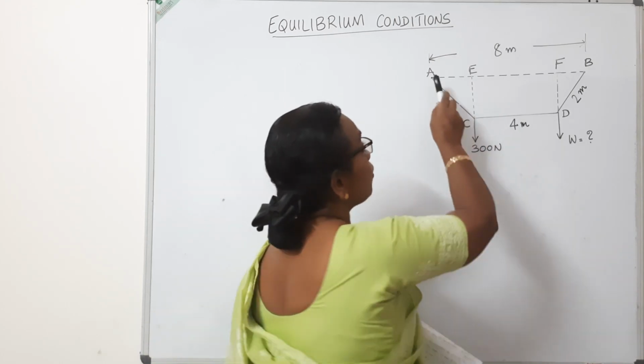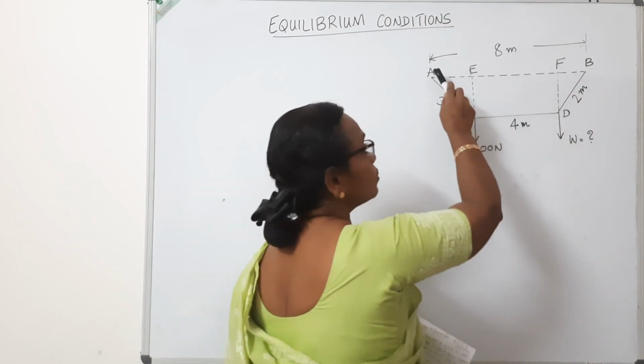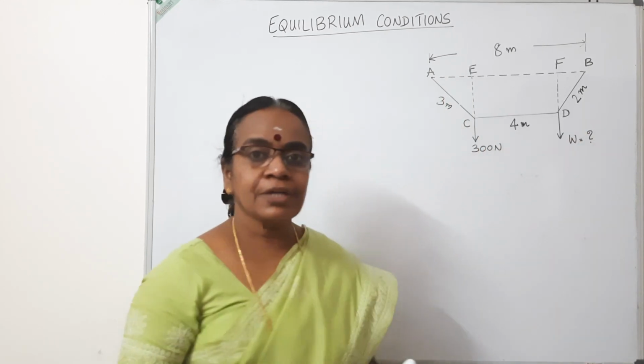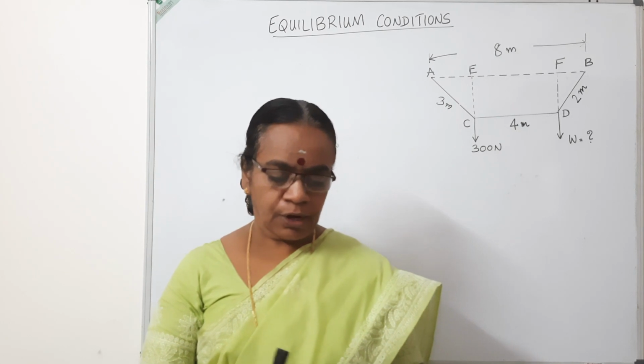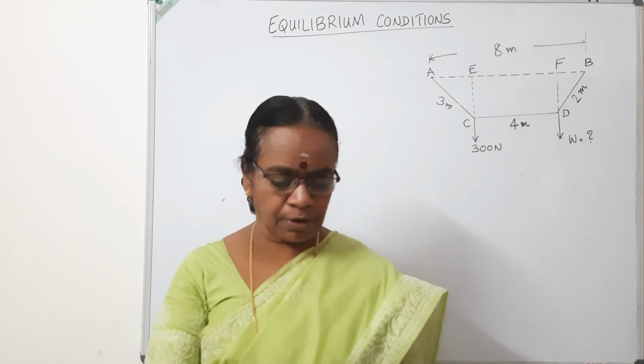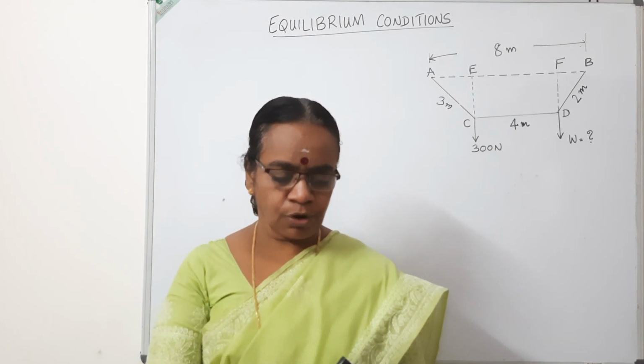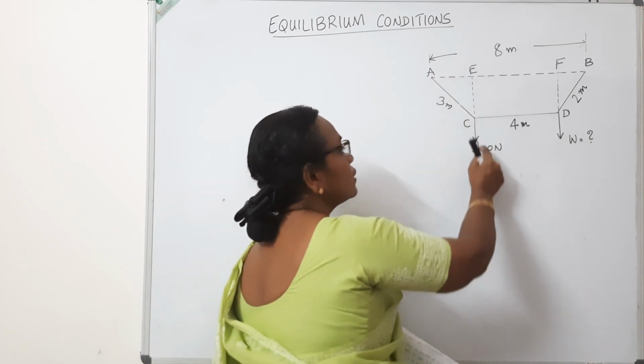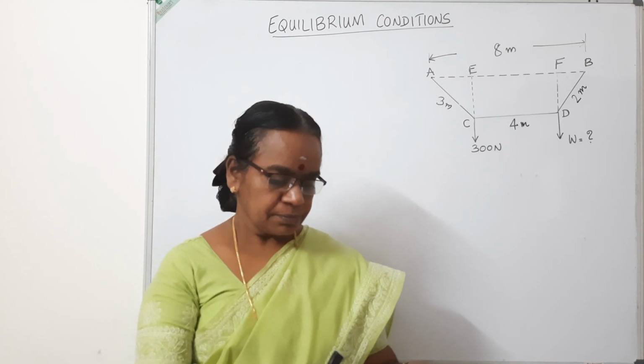So A and B are 2 points 8 meter apart, and the total length of the rope is 9: 3 plus 4, 7 plus 2, 9 meter, as shown in the figure. A load of 300 Newton is suspended from point C on the rope, 3 meter from A.